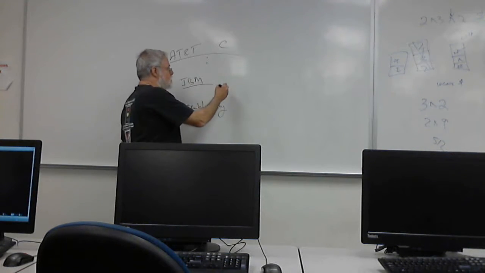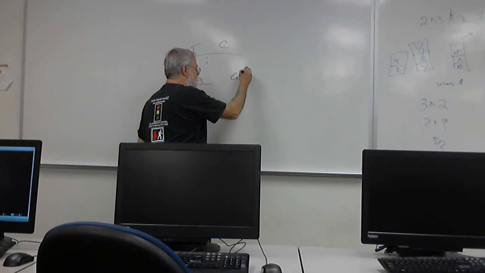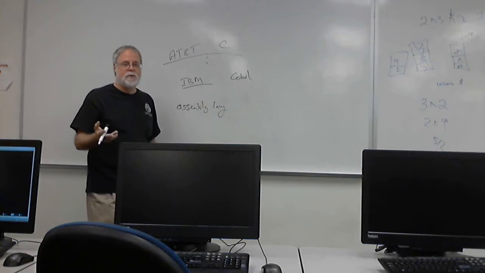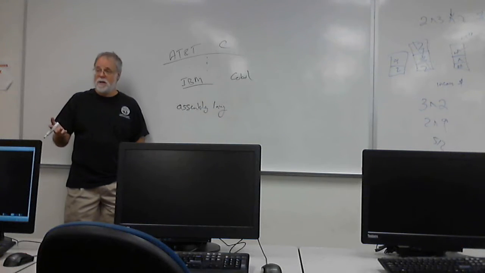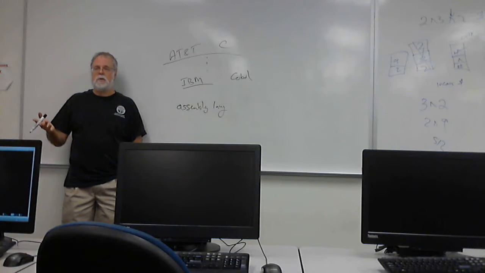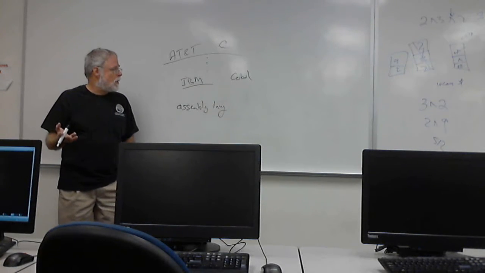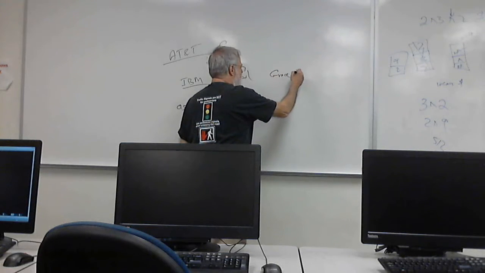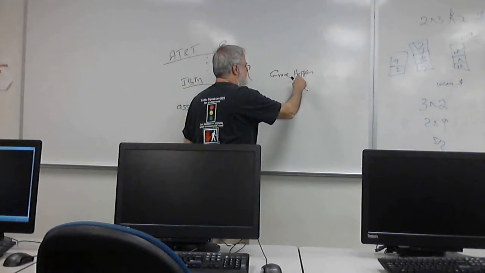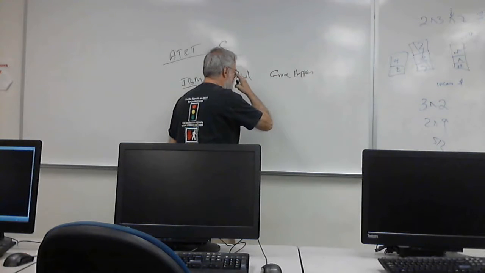And so one of the languages was COBOL, which was written by Grace Hopper, one of the first women computer scientists. I think she was in the Navy. Grace Hopper. This will not be on any test.